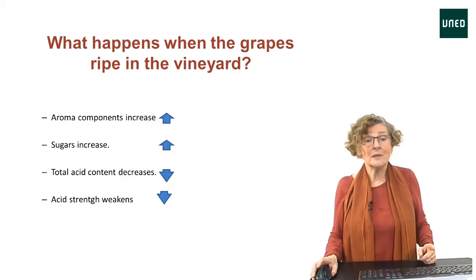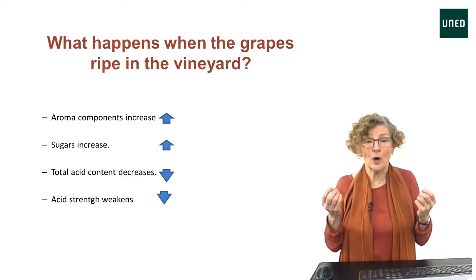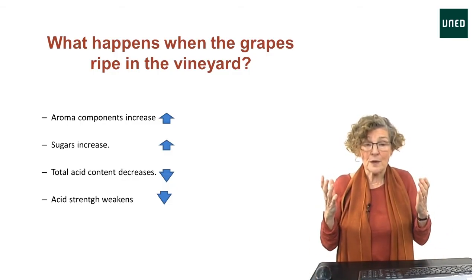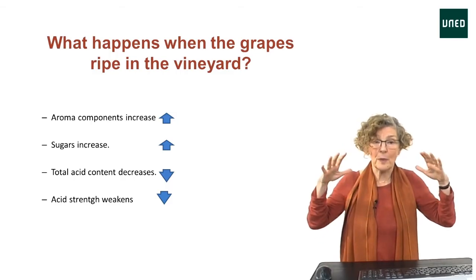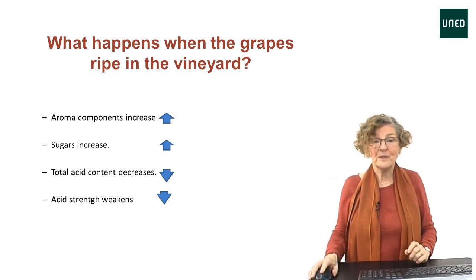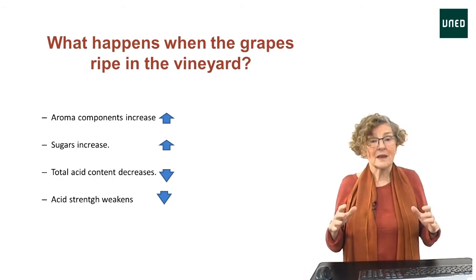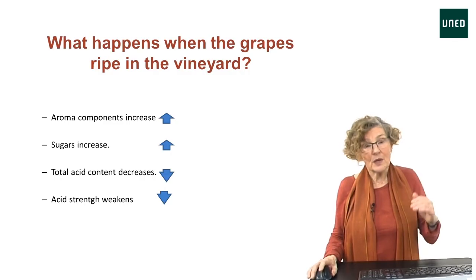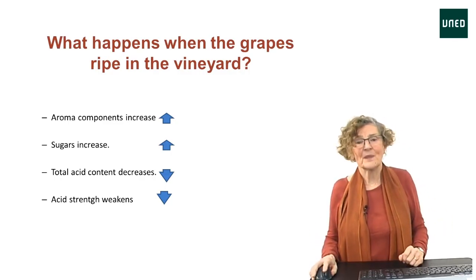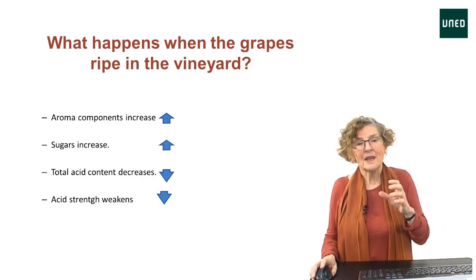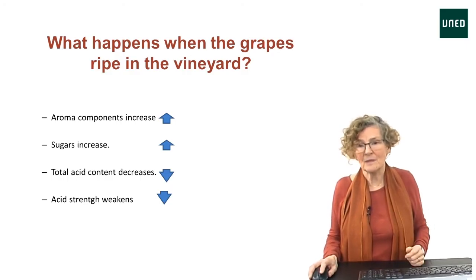And also at the same time, the dilution of sugar increases, but the respiration of the plant decreases. And both the acid content and acid strength decrease and weaken. So all this happens before the grapes have been picked.